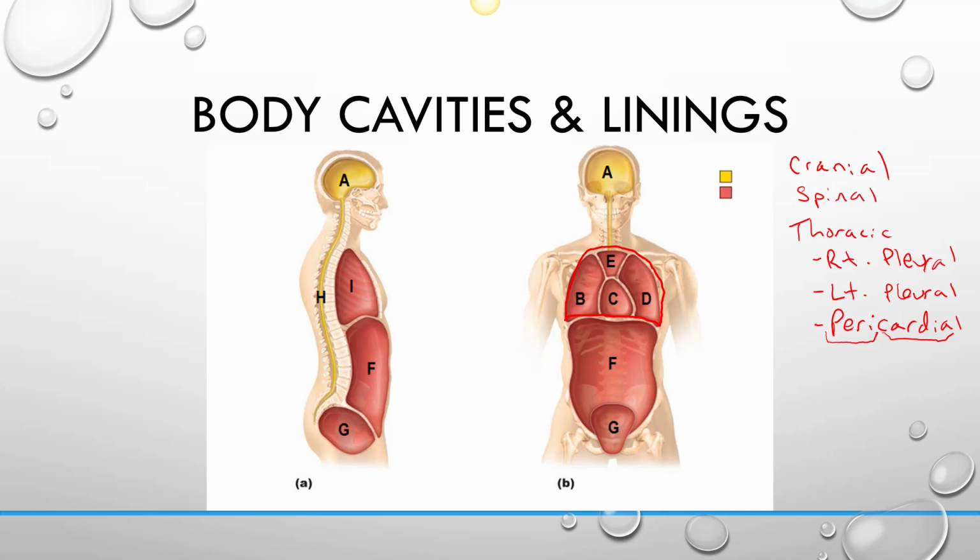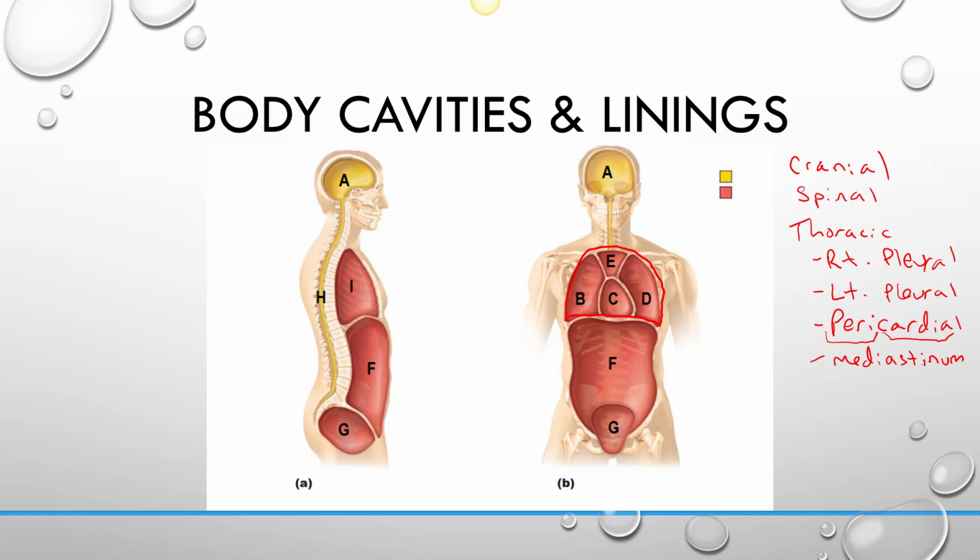Then we have the mediastinum. The mediastinum contains some major blood vessels that come out of the heart, as well as the thymus and so forth. So that's its own subcategory here.